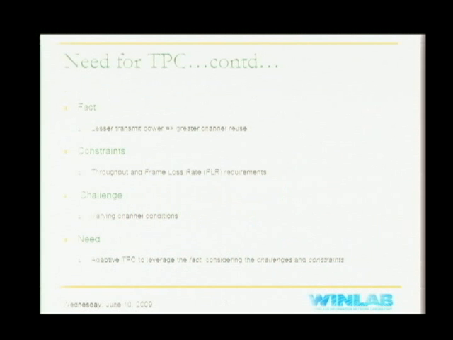Now the fact remains that the lesser the transmit power we use, the greater the channel reuse, or in other words, the smaller the spatial interval needed to reuse the same channel. But there are some constraints and challenges. The constraints here are placed by the content we are dealing with. For example, in our scenario, we talked about high definition video transfer.